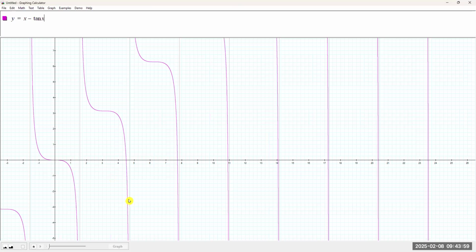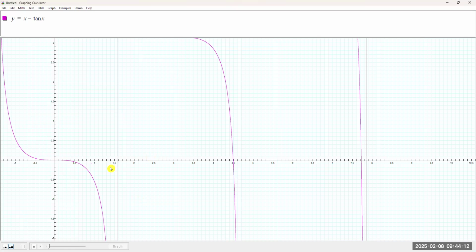But no, huh? Am I making a mistake or something? This is pi over 2, and it goes to negative infinity and infinity. It's not 0, so there's no 0 between that, huh?